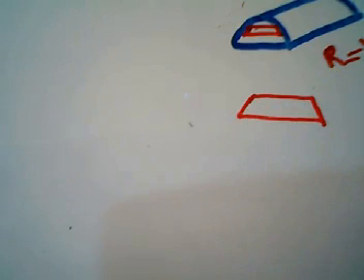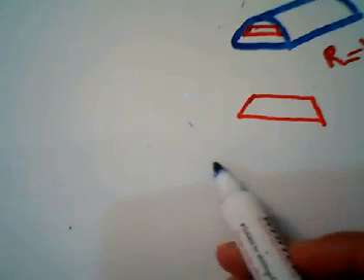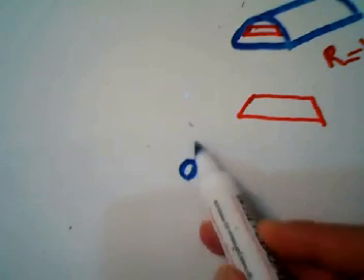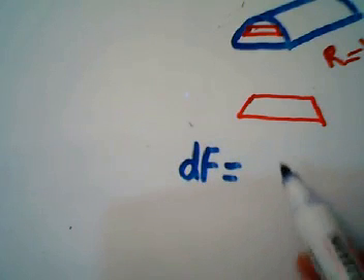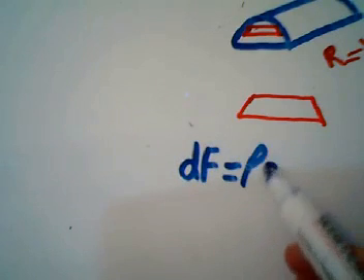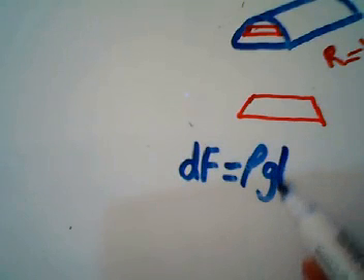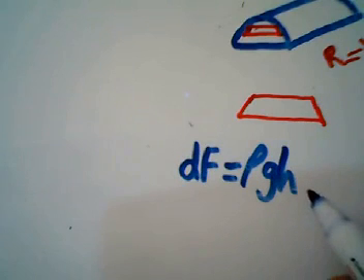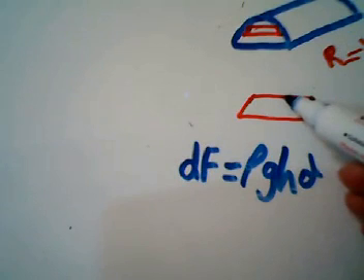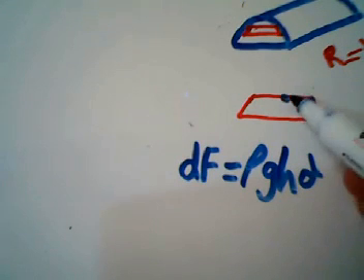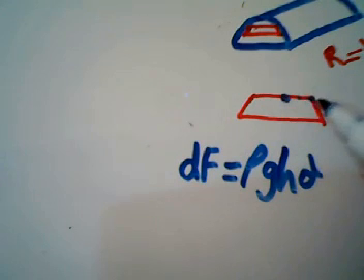So the force applying on it, or dF, which is infinitesimal itself, equals rho g h times dA. This is the pressure of this point, or every point on this, where the pressures are the same.